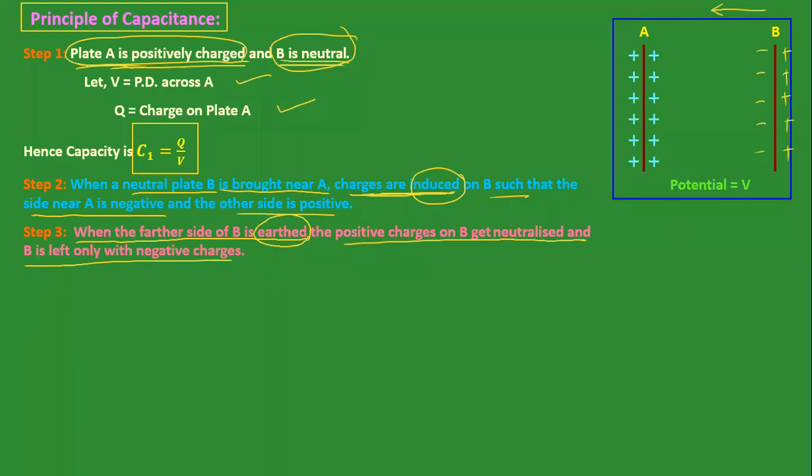After that, as per step 3, if we connect the outside portion of plate B to ground, then these positive charges escape to ground. It means plate B is left with only negative charges.